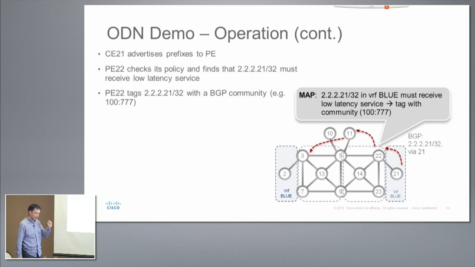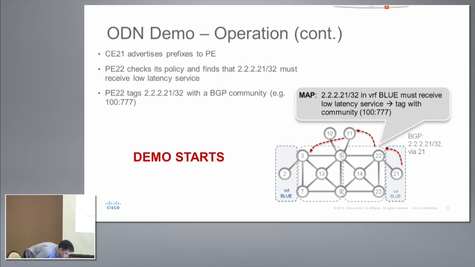Now 3 has a hint. 3 is getting a VPN route with a very special community that says, I need a low latency path to get to that prefix. And right here is where we start the demo. I'm going to take you to the topology, and we're going to gravitate on 3 and 10, the PCE server, and the local PE3.